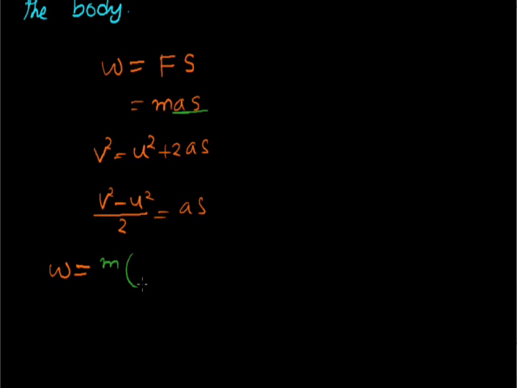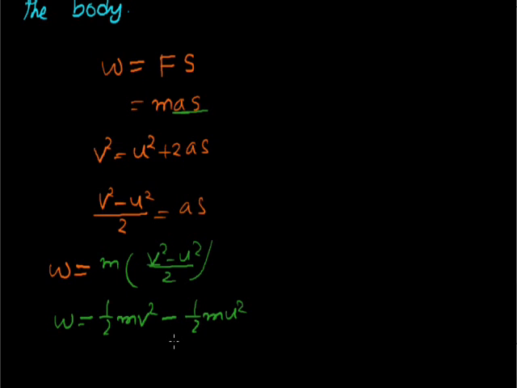So M into (V square minus U square) upon 2, and when we multiply by the M, we will get half M V square minus half M U square.